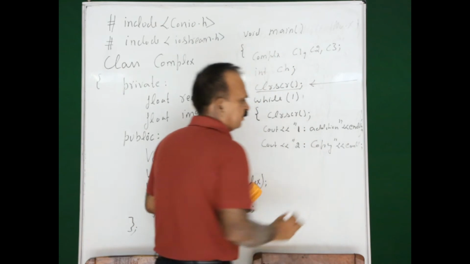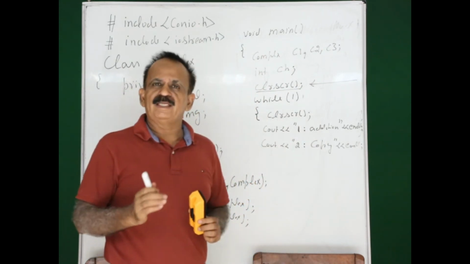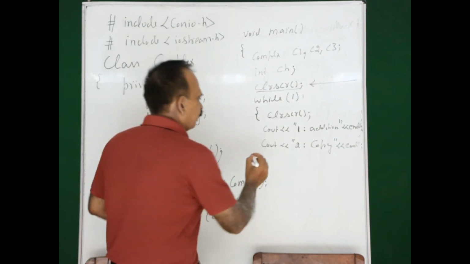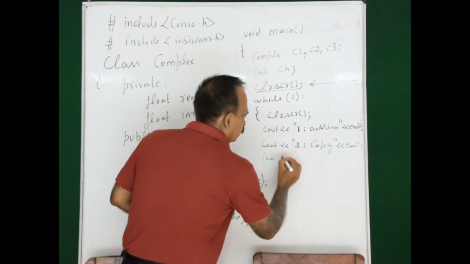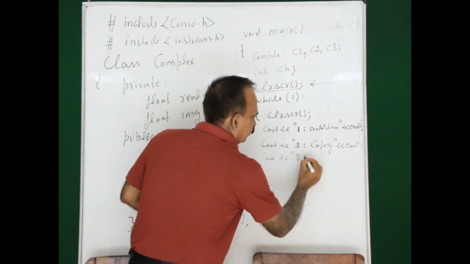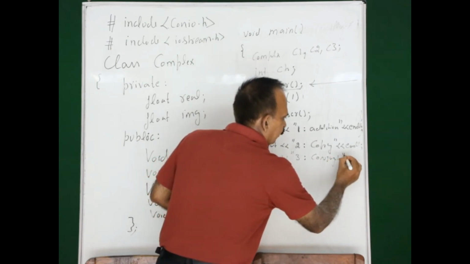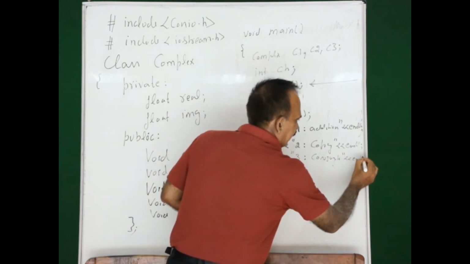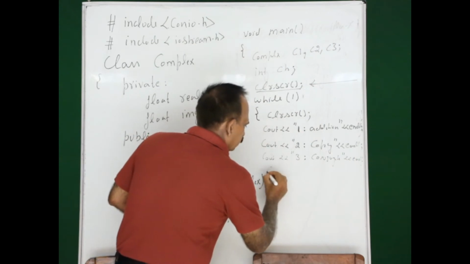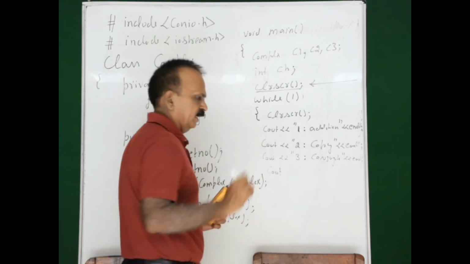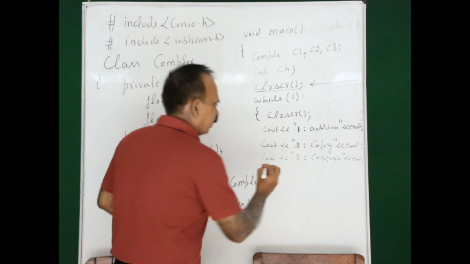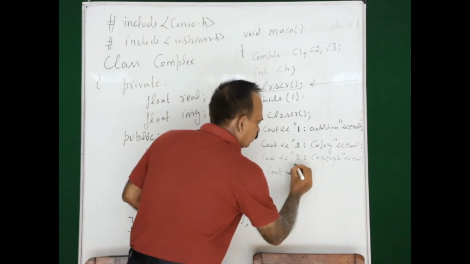Now these cout statements are basically only to display the options on the screen. The next one, cout, is option number 3, which is to find the conjugate of this particular number, and endl. And no doubt, for breaking this particular loop, I say option 0 is used.